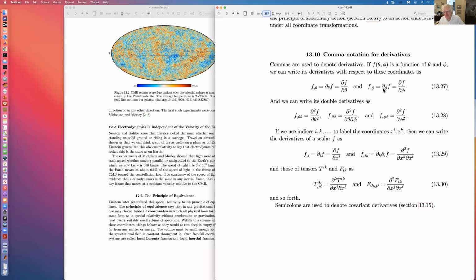For example, f comma phi is the partial of f with respect to phi. And then double derivatives are f comma theta theta, and so forth. The advantage of this is the equations become more compact, but frankly, if I ever rewrite this book as a third edition, I might get rid of this comma notation and just go with this notation, which I think is clearer.